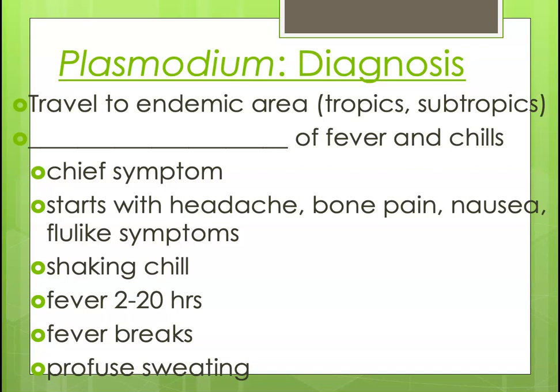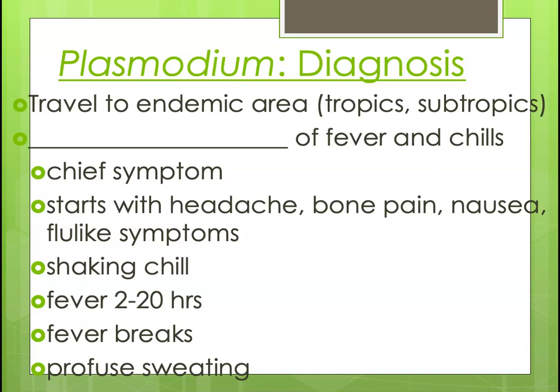This is the chief symptom involved with malaria. So the paroxysm usually starts with a headache, bone pain, just feeling kind of icky and weak, nausea, flu-like. Then there is violently shaking chills, and this can last from 10 minutes to up to an hour. Imagine having rigor, that shaking, for an hour.